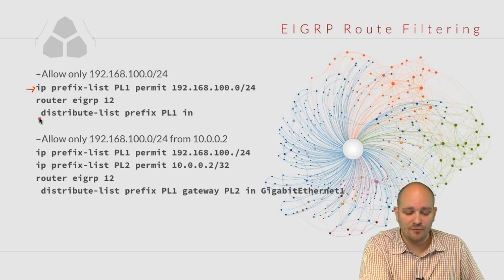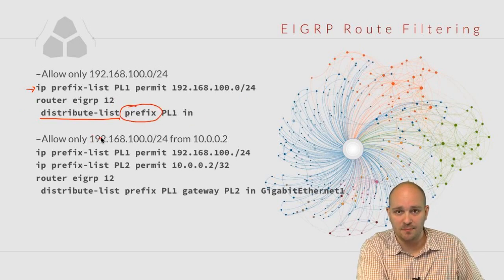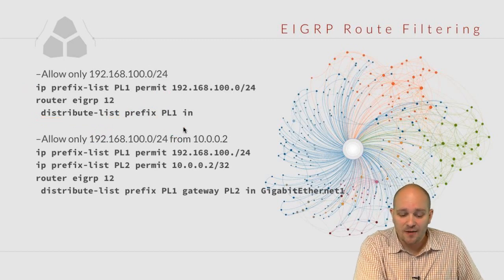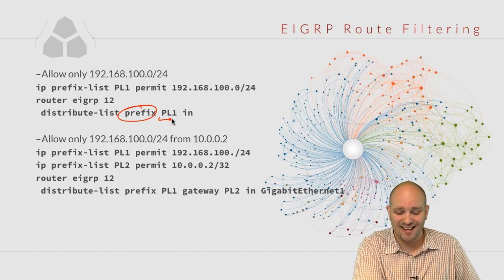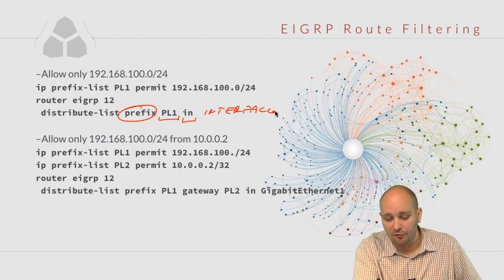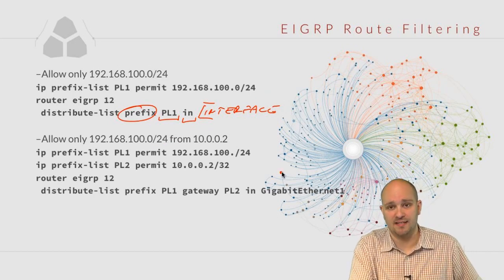Keep in mind that if you use the distribute list and just specify the name, you are actually specifying the access list. If you want to use the prefix list, you have to use the keyword prefix, followed by the name, followed by direction, and optionally, you can use the interface here. So we could specify, for example, an interface to filter.